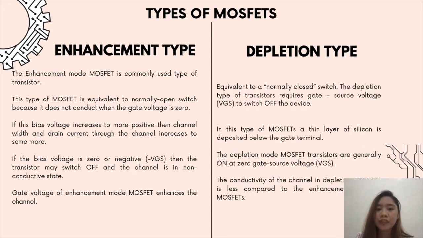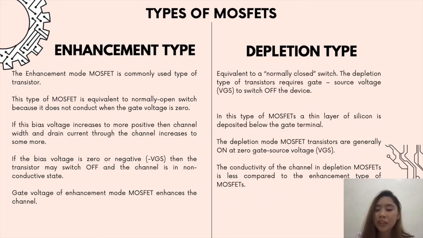Next, we have the depletion type. The depletion mode of MOSFETs are generally known as switched on devices because these transistors are generally closed when there is no bias voltage at the gate terminal. If the gate voltage increases in positive, then the channel width increases in depletion mode.